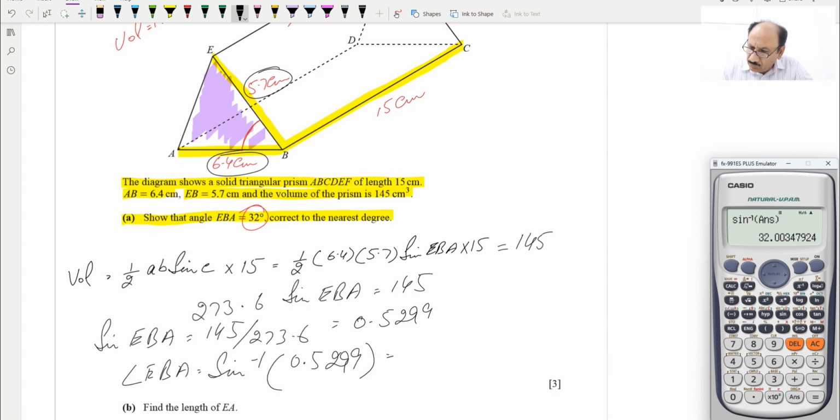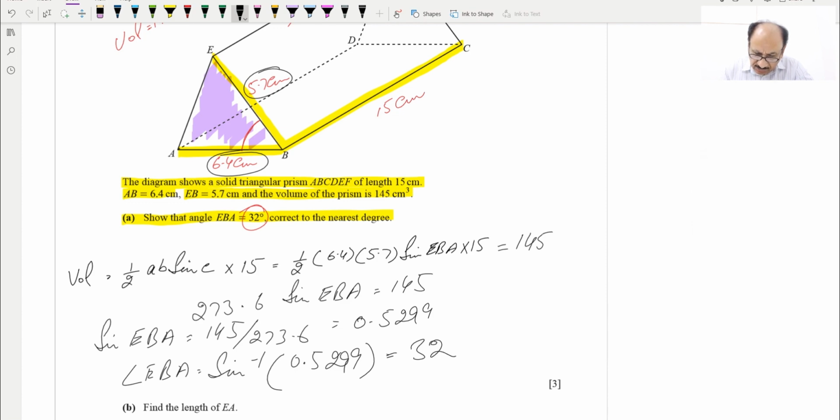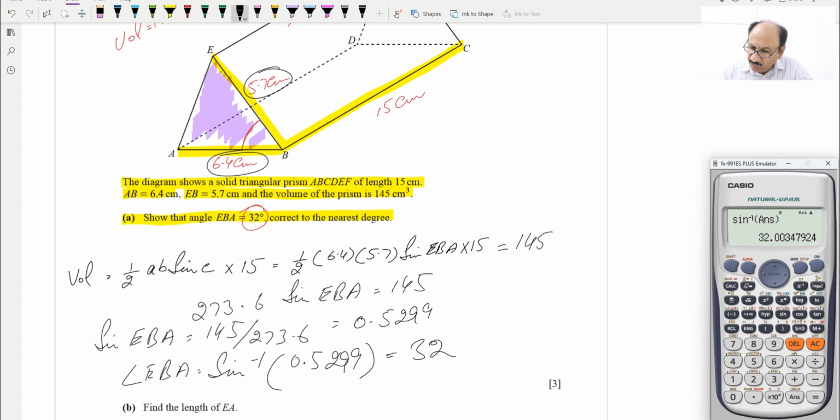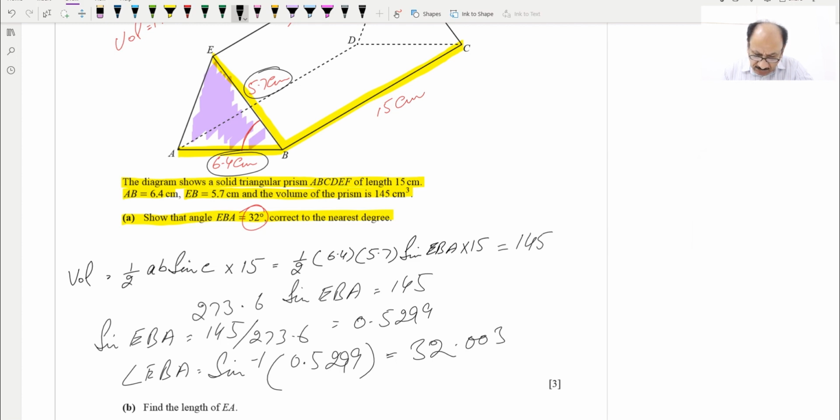Try to use all the digits so that you will get the exact answer, and just round at the final answer stage only. So 32.003 something. They are saying correct to the nearest degree, so this will be equal to 32 degrees. This is what we proved, and it was a 3 mark question.